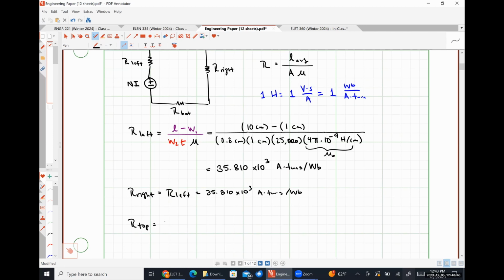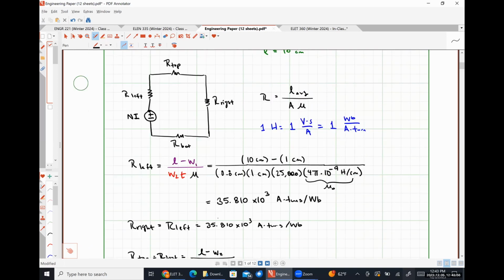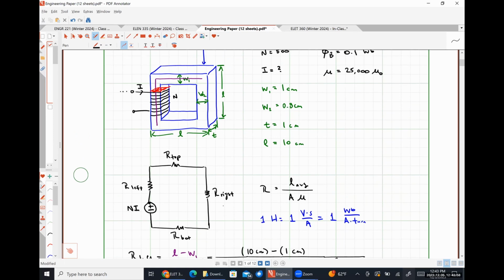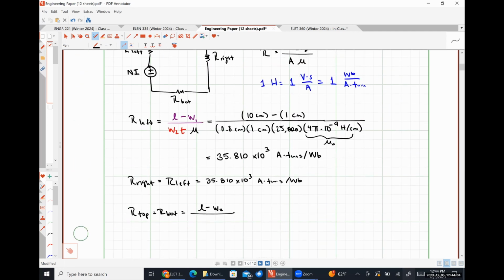So R top, which will be the same as R bottom, is going to be L minus W2 divided by, so what's our cross-sectional area up top? W1 times T. And then we need to multiply by mu, right?